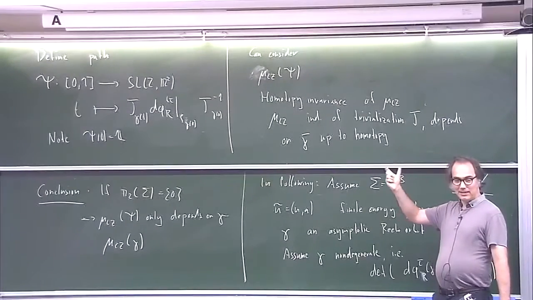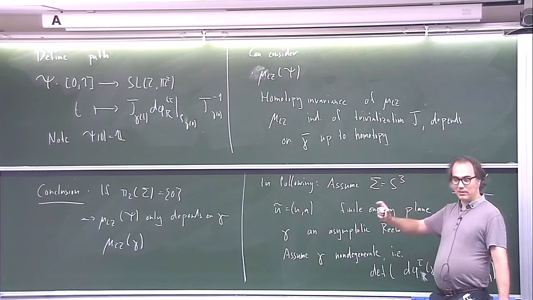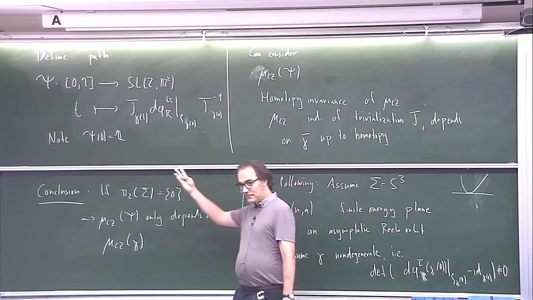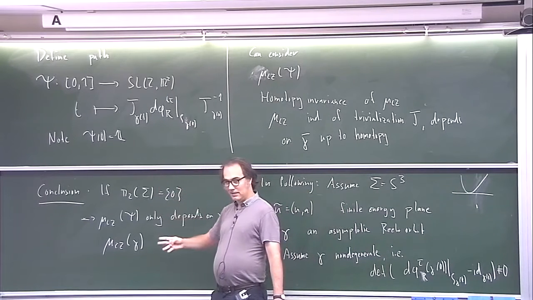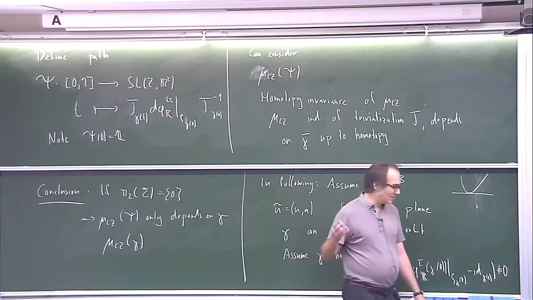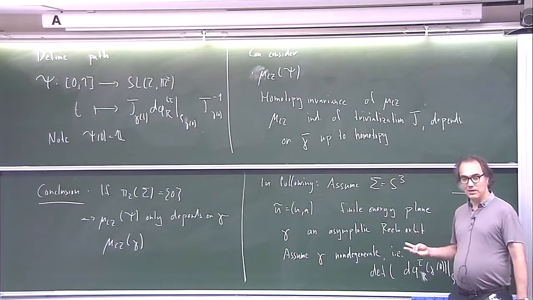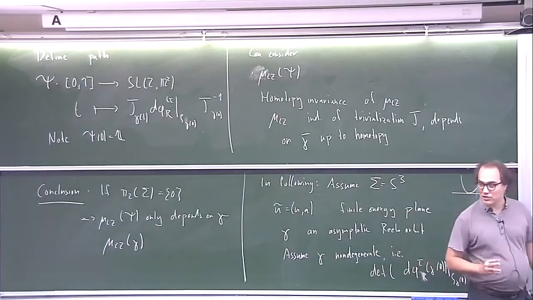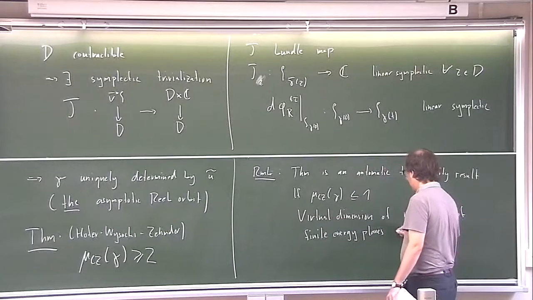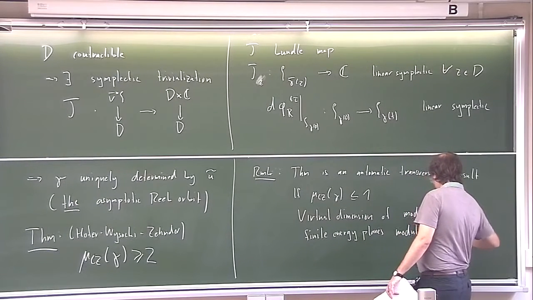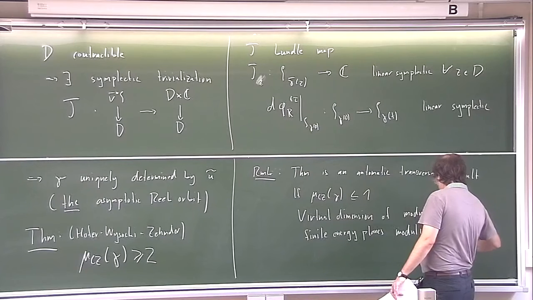We have the complex similitudes as reparametrization, and we have the R action. So we have, how much is it? A five-dimensional gauge group. So actually we have to divide out this gauge group. As a moduli space of finite energy planes modulo gauge is negative.